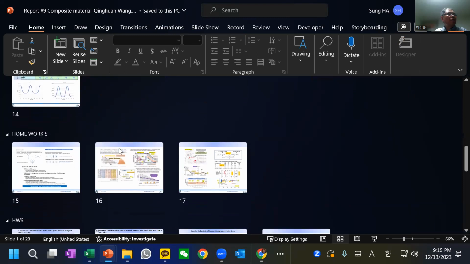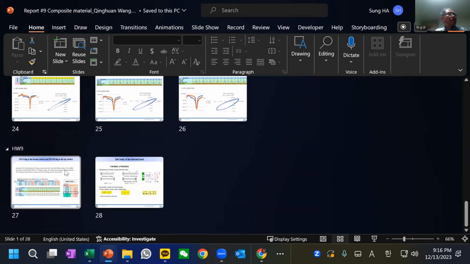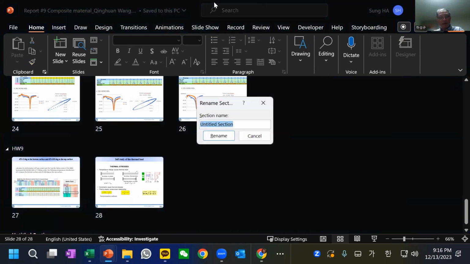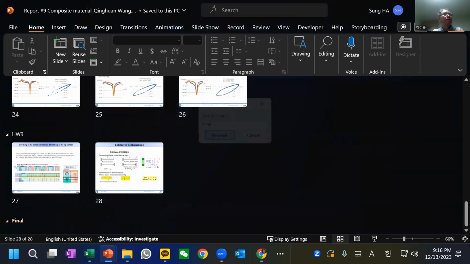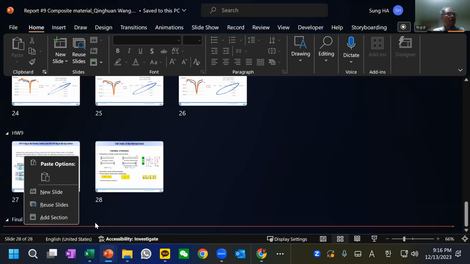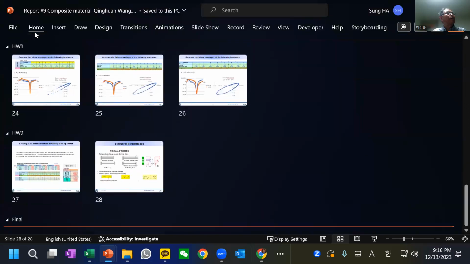Homework 3 and 4 and 5 and 6 and 7 and 8 and 9. And now next one, you add a section, and you're gonna say the final. And then you're gonna have question 1 and question 2 and question 3. Of course, you can have several slides for each question, but this is the format we're gonna go through. Okay. Any questions?